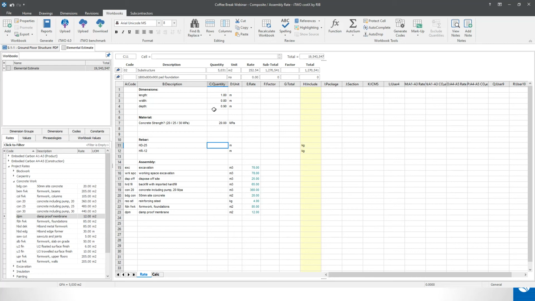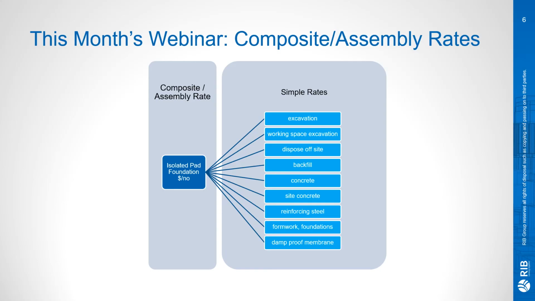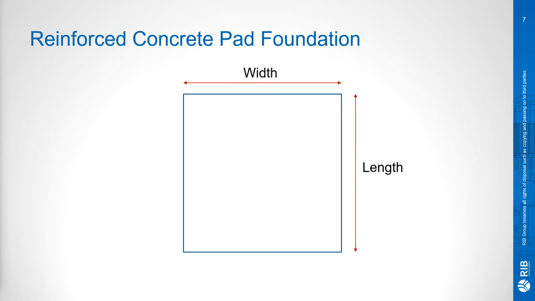So let's start by building some formulas for this. Now we've got some dimensions at the top, we can utilize the dimensions as part of this formula. Let's first get a bit of an understanding on how we're going to actually calculate the length of these bars. Here we have a reinforced concrete pad foundation, obviously with a width and a length associated to it.